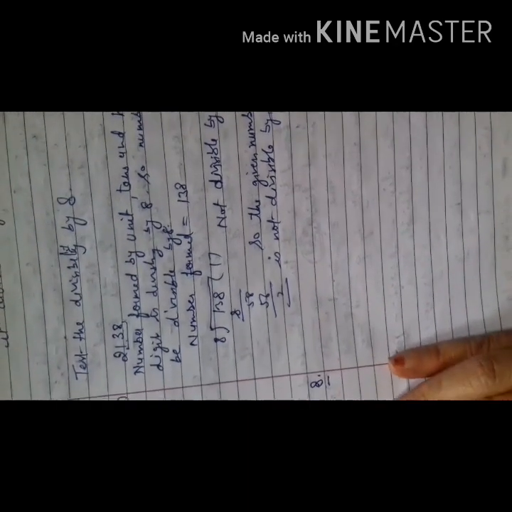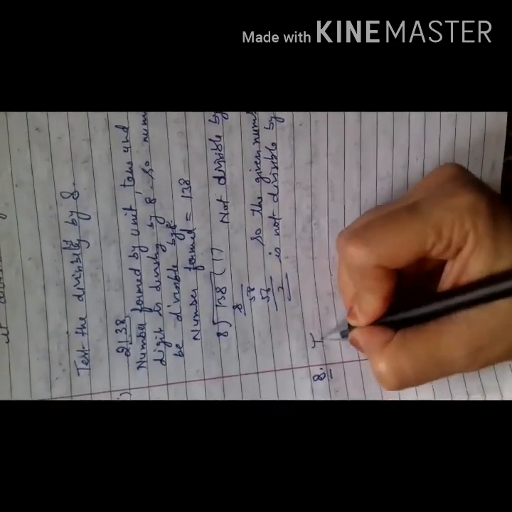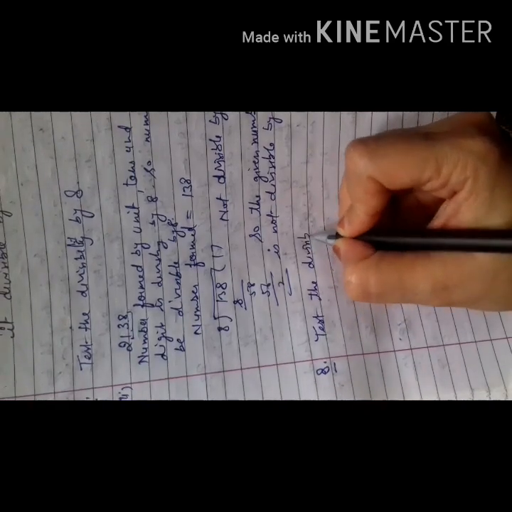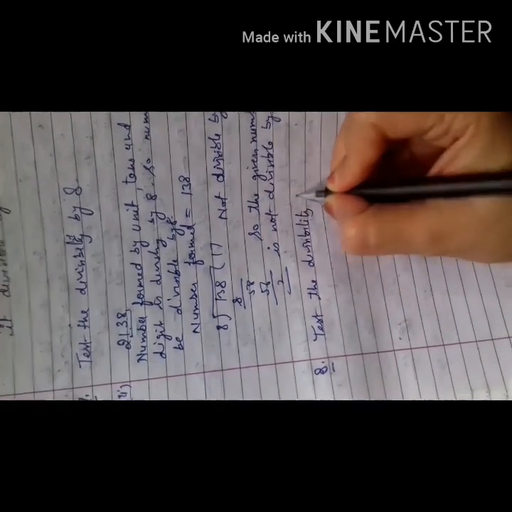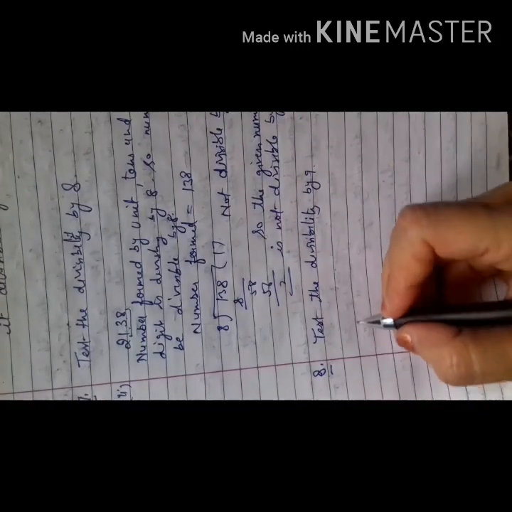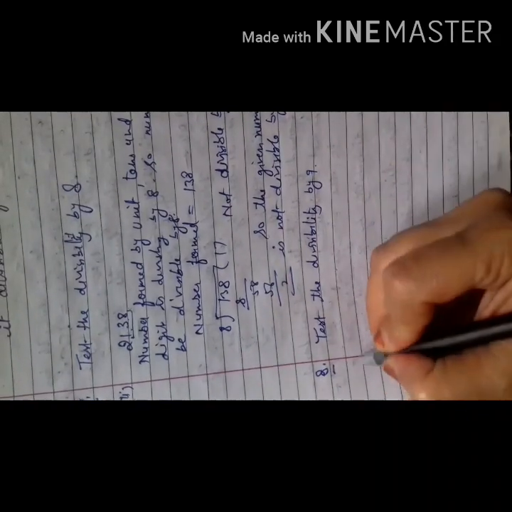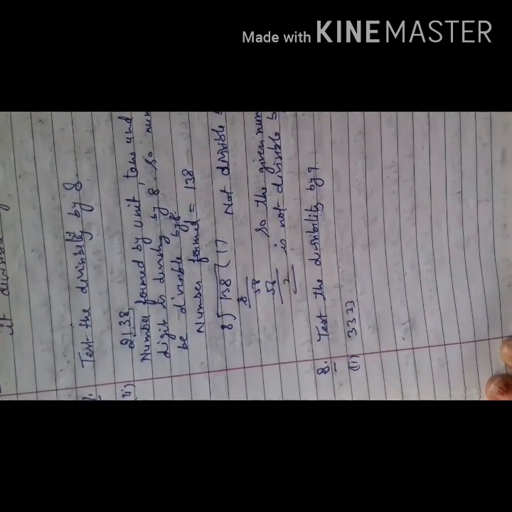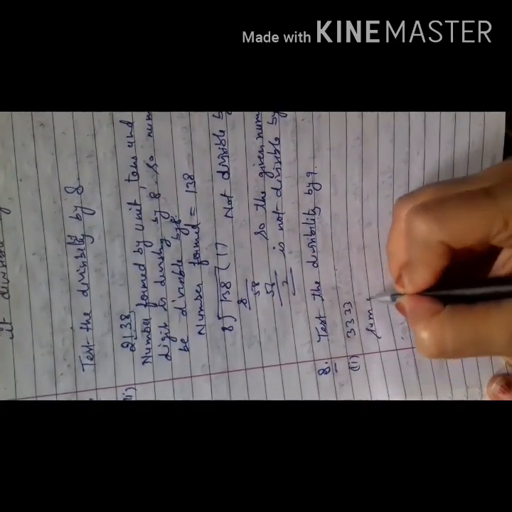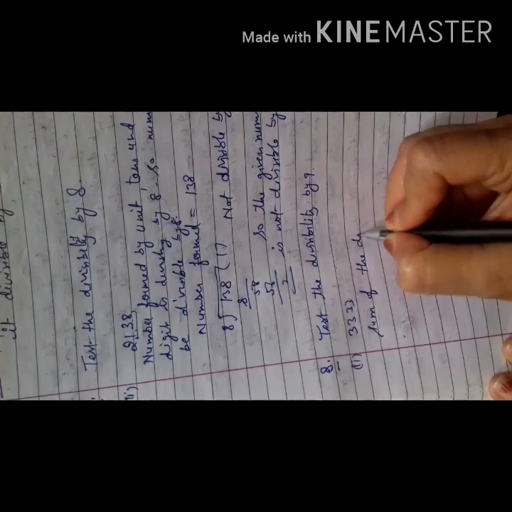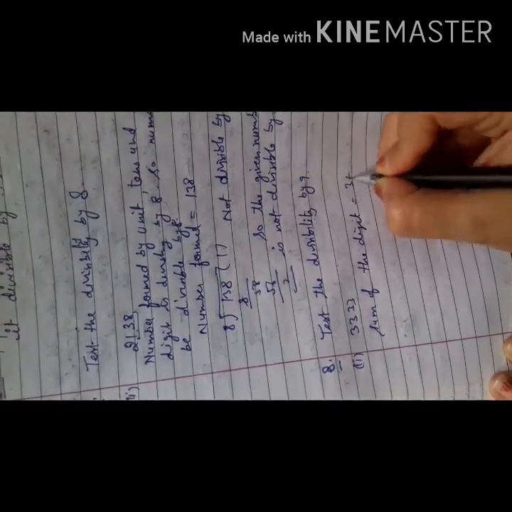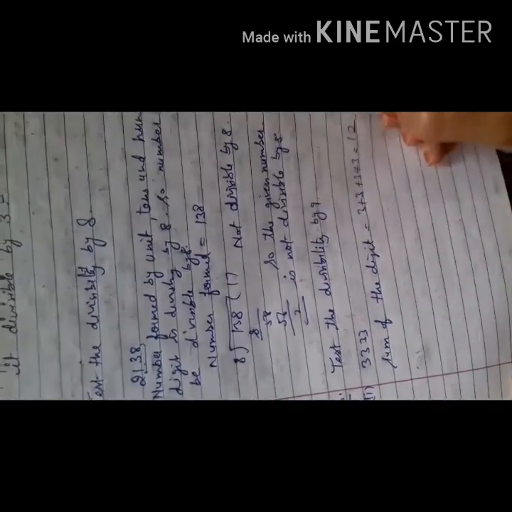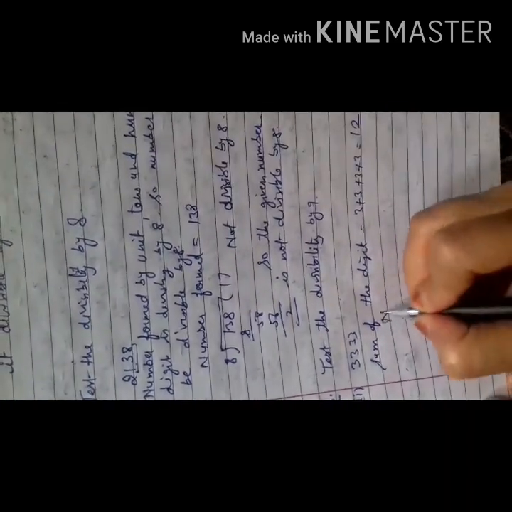Next, eighth question. Test the divisibility by 9. This is the same as the divisibility by 3. Second part: sum of the digits. The sum of the digits is 12.